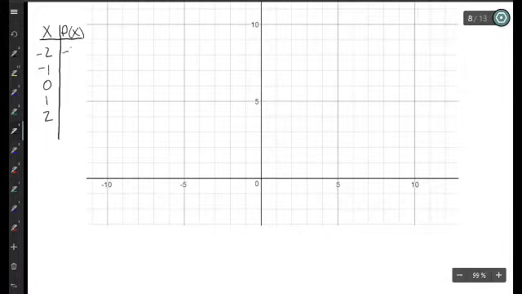Then we would have negative 21, negative 8, 1, 6, 7.